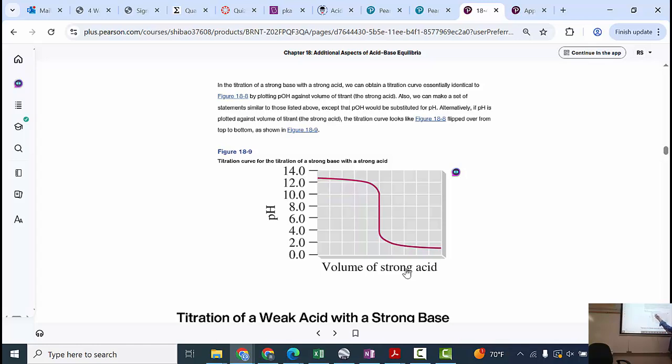This would be like ammonia being titrated with hydrochloric acid. Ammonia is going to get converted to ammonium. Ammonia is a much stronger base than ammonium is an acid, therefore it's kind of high in pH here. This would be a buffer. However, this region is not a buffer because this is just excess strong acid. So this would be a mixture of strong acid and weak acid. A strong acid, weak acid mixture is not a buffer.